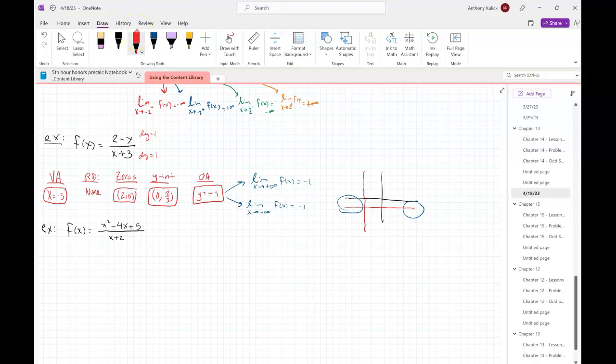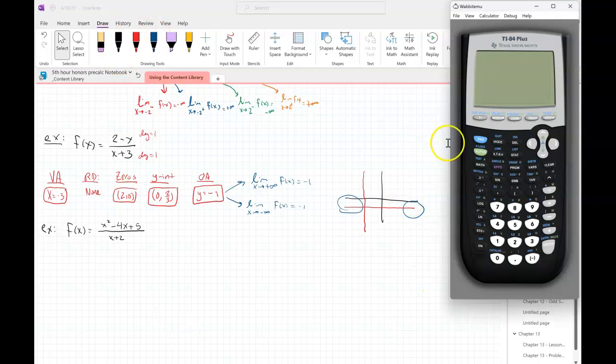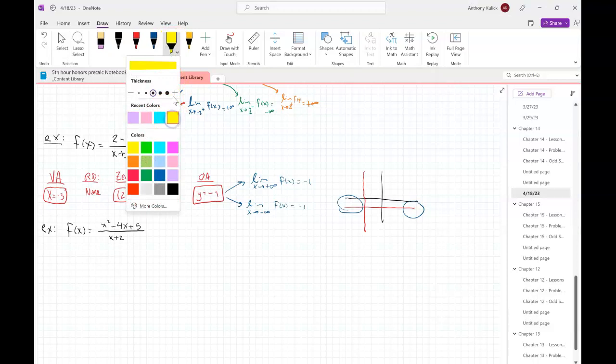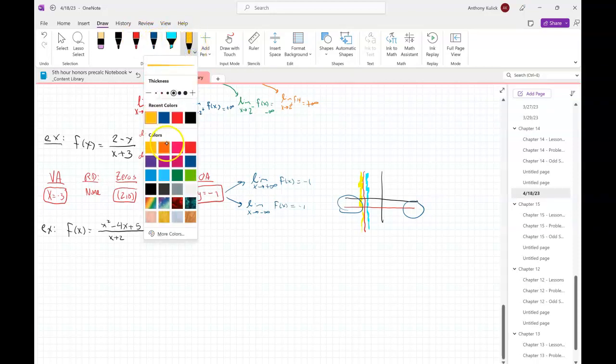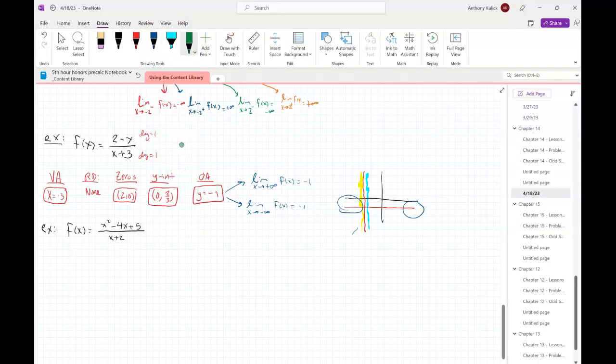And I got my vertical asymptote here. So we're going to have, again, I have to worry about the left side of that asymptote and then the right side of that asymptote. The left side of that asymptote is the limit as x approaches -3 from the left.